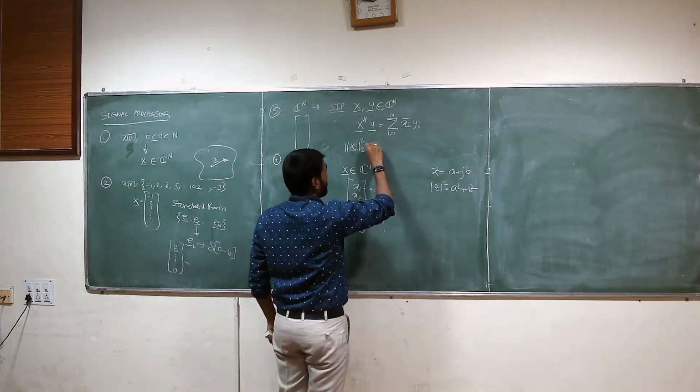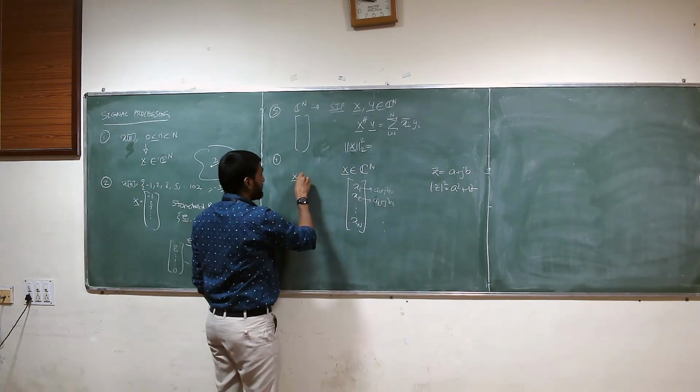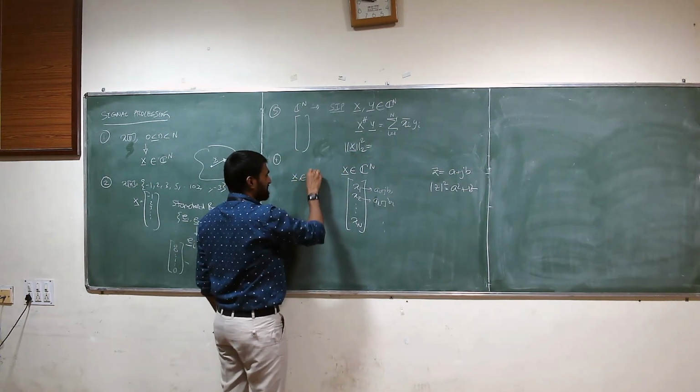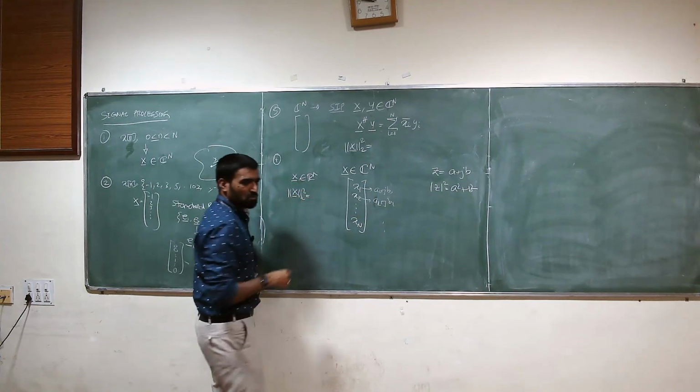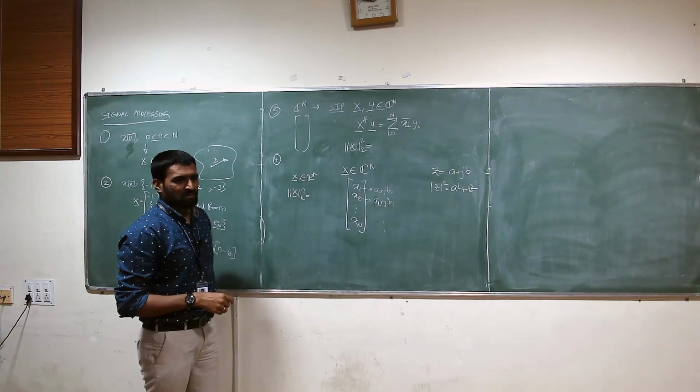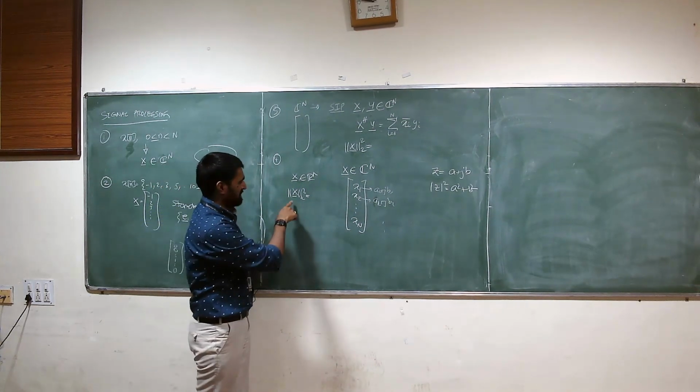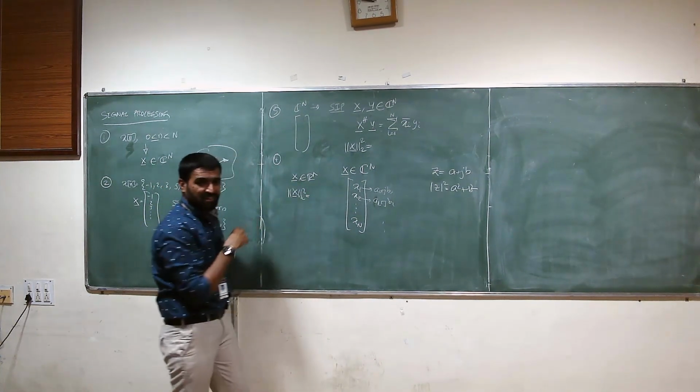Okay, fine, hold on. If x was from R^N, what was this equal to? Any arbitrary vector.